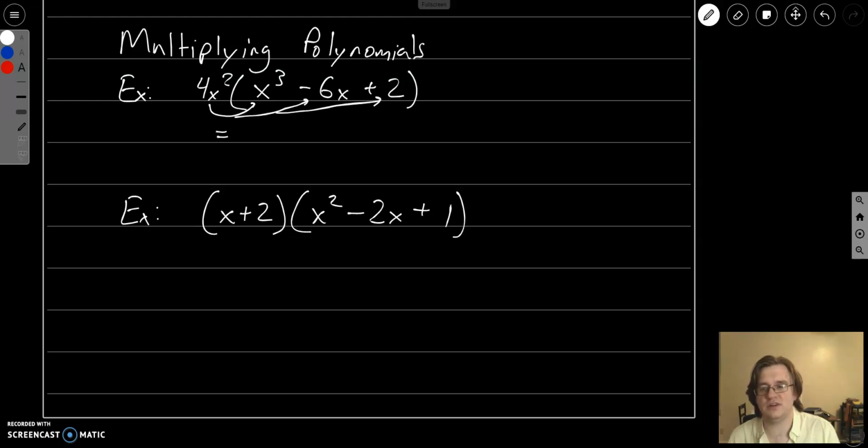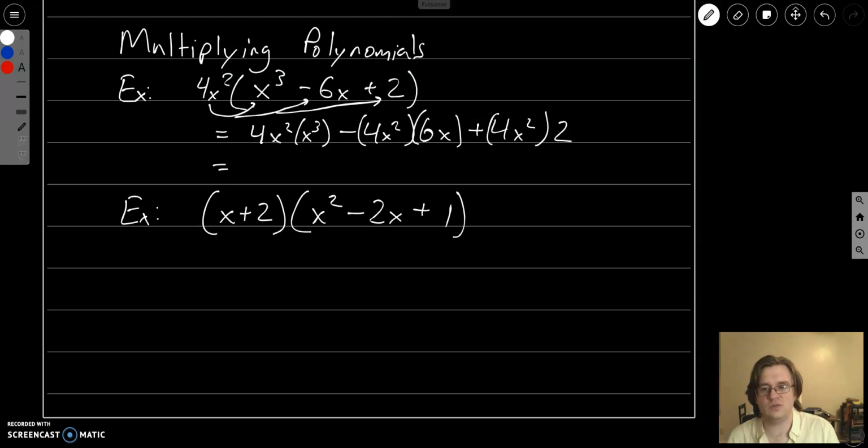So the first term, 4x squared times x cubed. The next term will be minus 4x squared times 6x. And then the last one plus 4x squared times 2. And then I can do each of these.